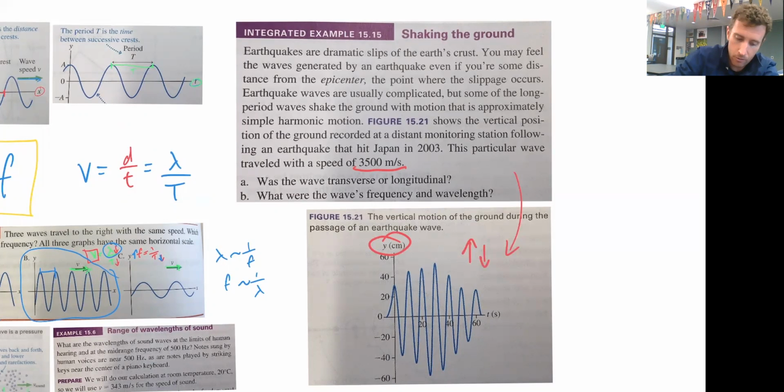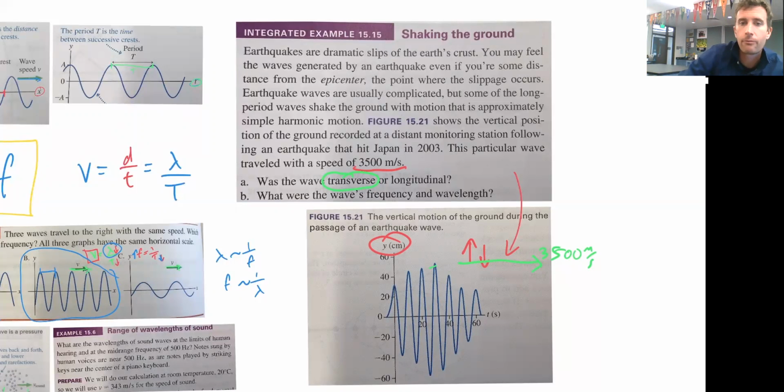But I know that the wave was moving this way at 3,500 meters per second, and it's going up and down by like 40-ish meters, 50 maybe. So it is definitely transverse. The motion is perpendicular to the direction of the wave speed.